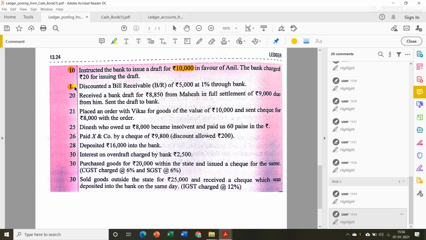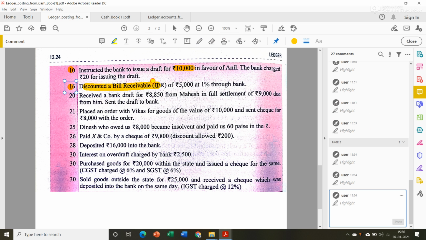On April 16, we discounted a bill receivable of 5,000 at 1% through bank. Okay, means we had a bill receivable worth rupees 5,000. We gave it to the bank, and the bank deducted 1% of 5,000.